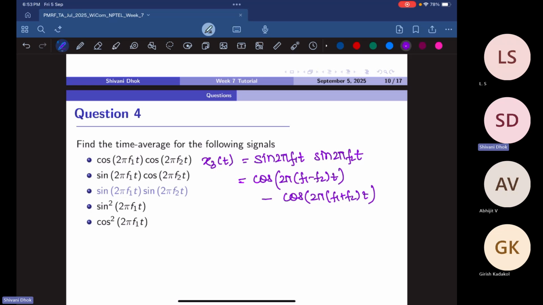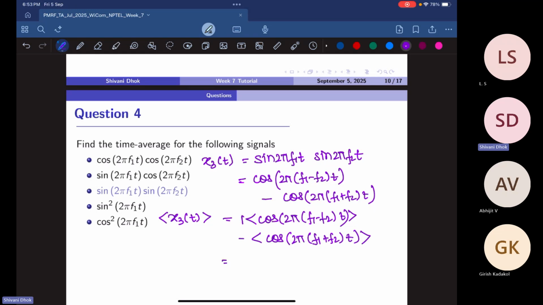Again, the time average of x3 of t is the time average of cos of 2 pi f1 minus f2 t minus the time average of cos of 2 pi f1 plus f2 t, with a half.